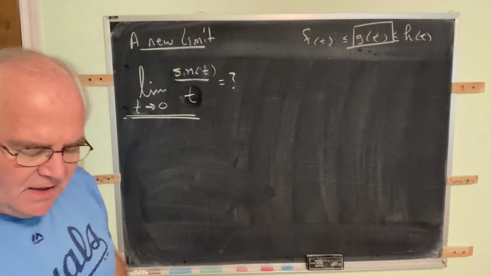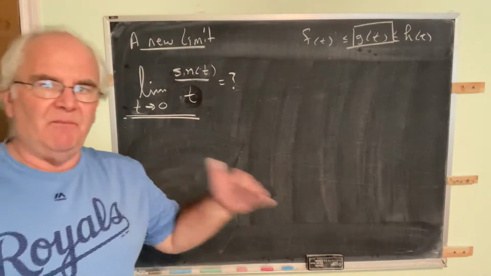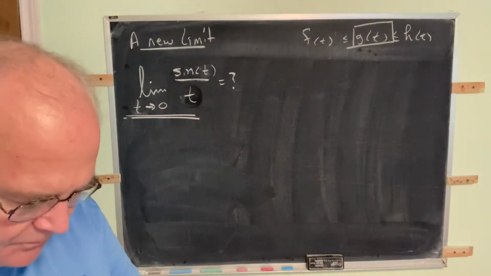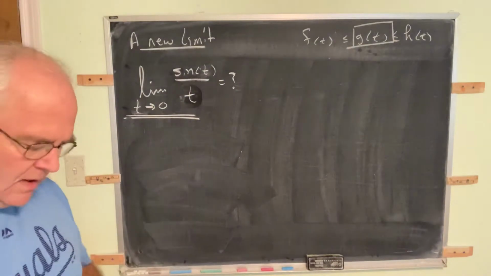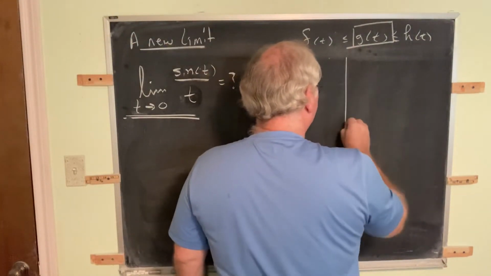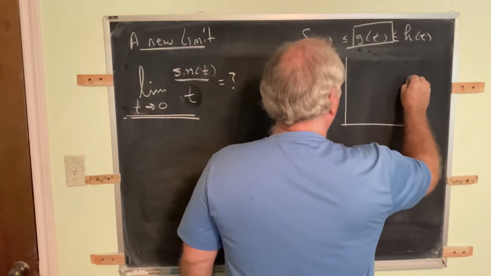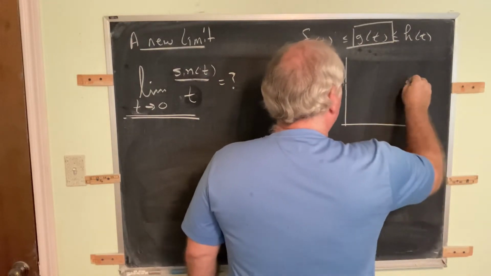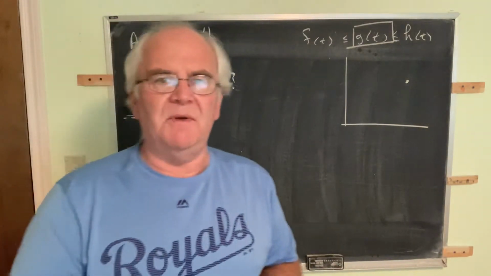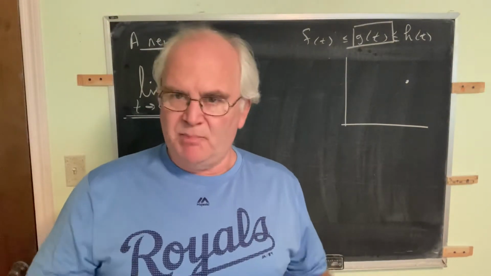Now, to do that, we need to back up a little bit and remind ourselves of some things that hopefully we know already. All right? Now, to do that, I'm going to draw a picture. Suppose I pick a point in the first quadrant. It turns out this argument can also hold for other points.